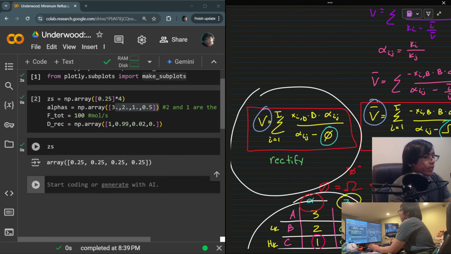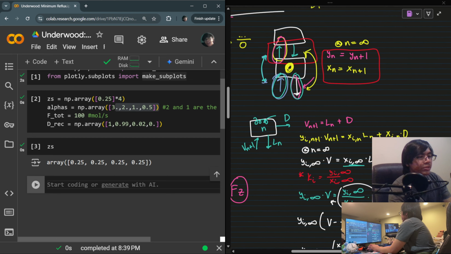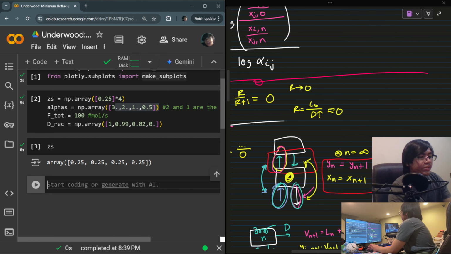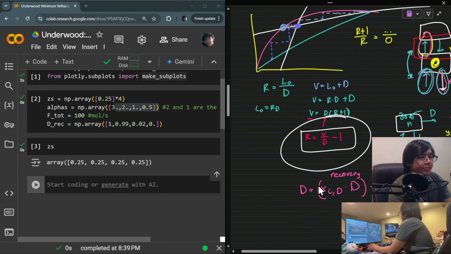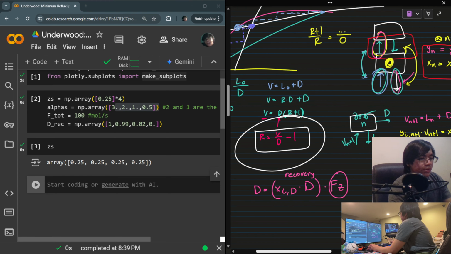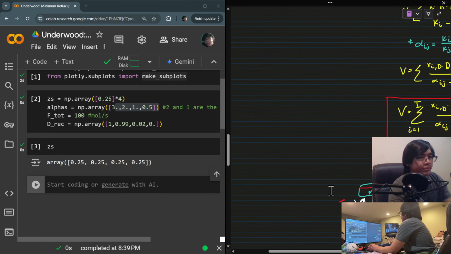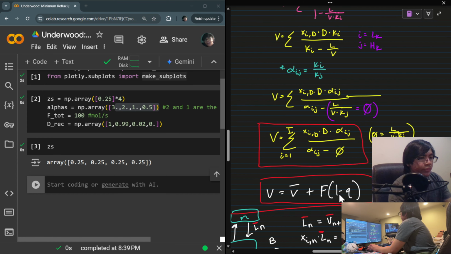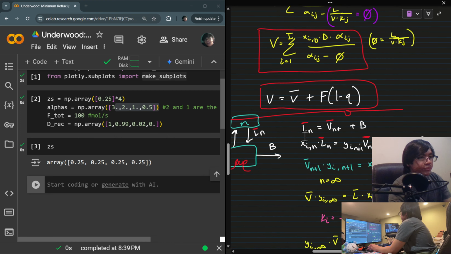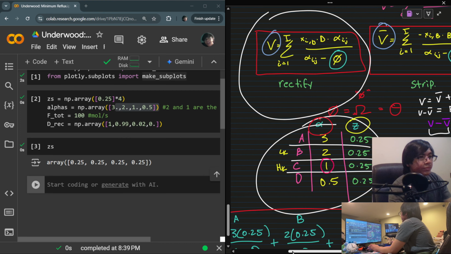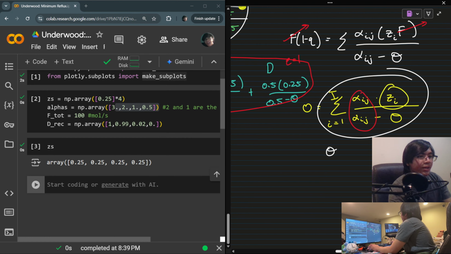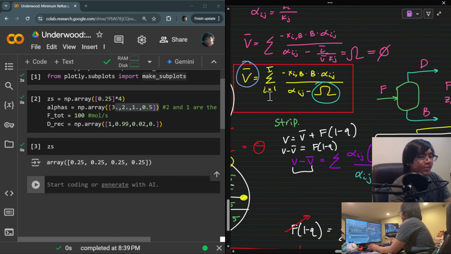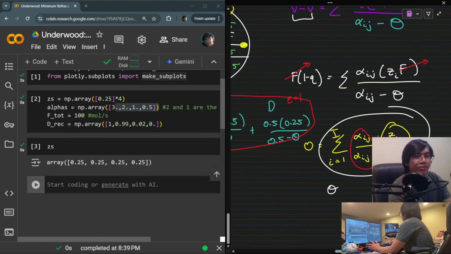So ultimately, we're trying to find this vapor so we can relate it back to our minimum reflux somewhere right here. And then we have this distillate, so we can solve for that minimum reflux. I need this equation, and we'll need that later too. But we need to solve for this theta first.